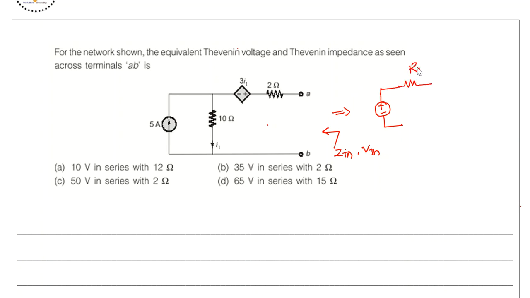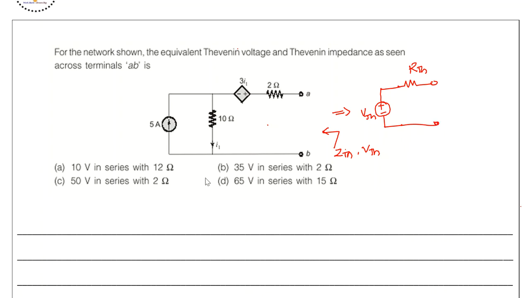We call it RTH, and the supply voltage is VTH. In my previous videos, I discussed this theorem. So it's just an application of that theorem, and this is what we want here.